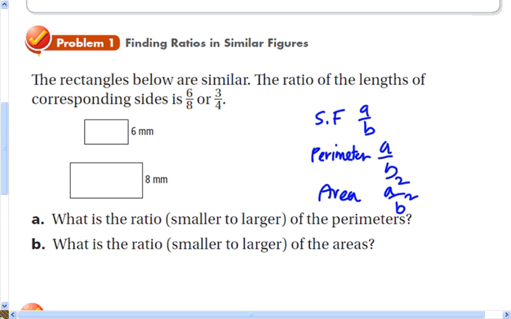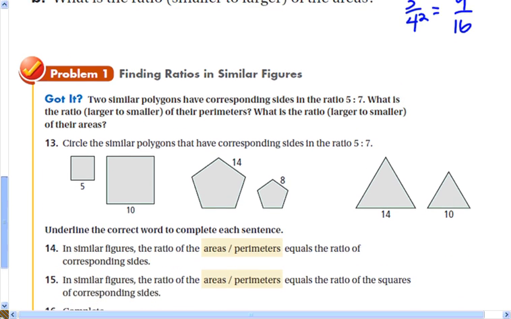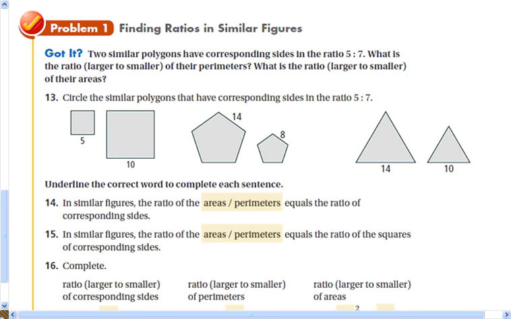So the ratio of the perimeters would be exactly the same, 3 to 4, and the ratio of the areas would be 3 squared over 4 squared, which is 9/16. All right, I'll let you try that. You can check back for your answers.